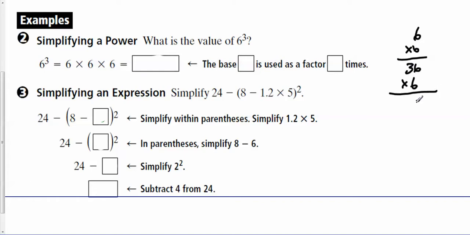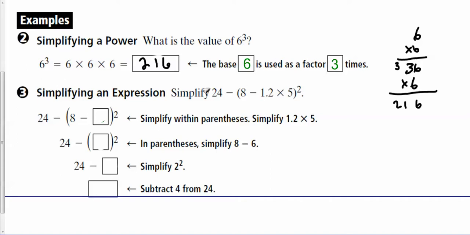So that gives me 6 carry the 3, 18, 216. So 6 times 6 times 6 is 216. The base is 6 and is used as a factor 3 times because that's my exponent.